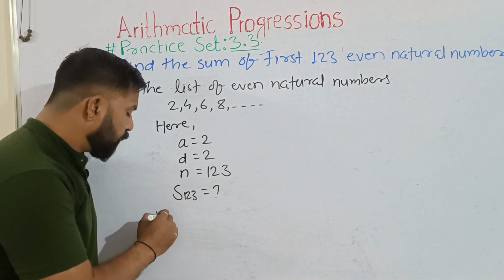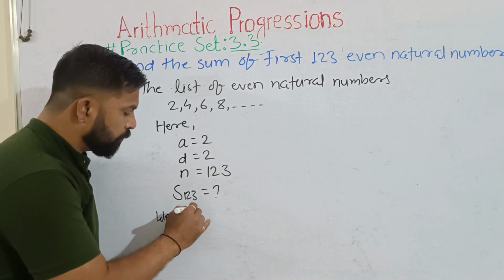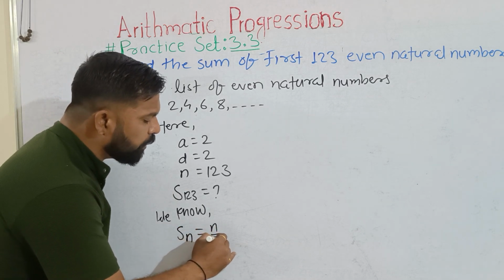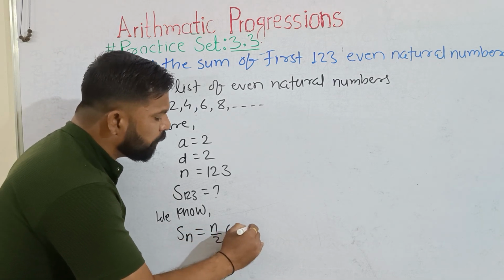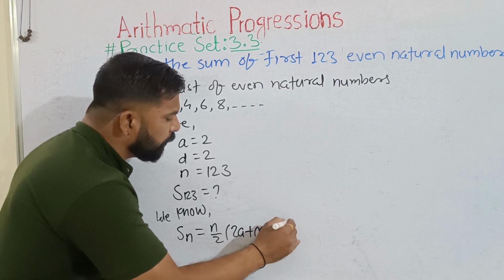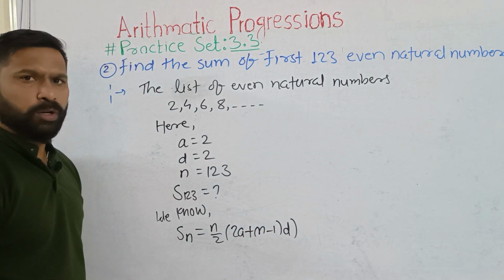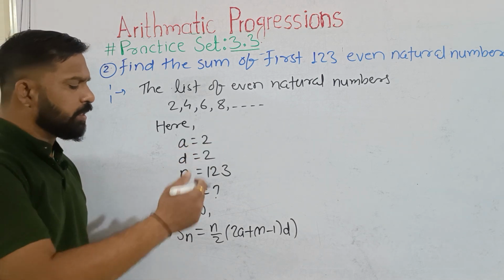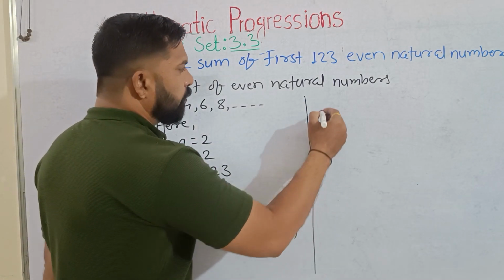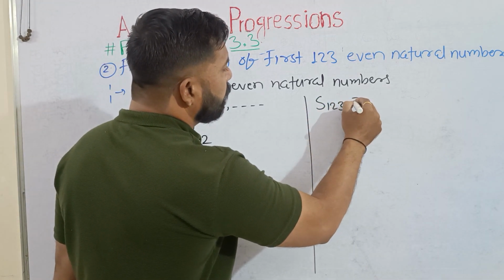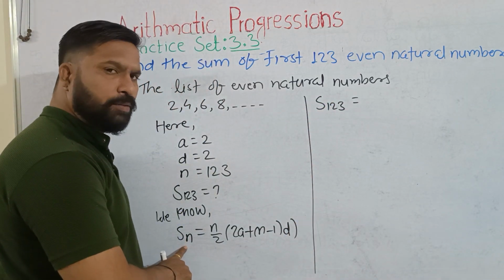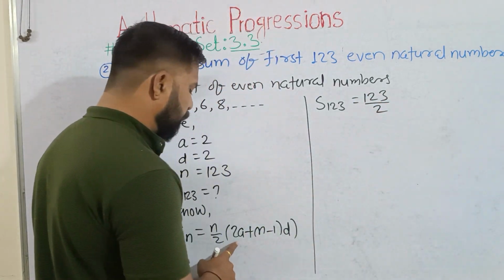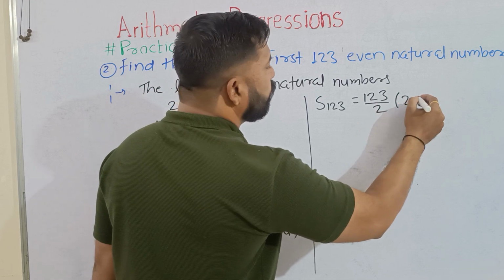So here we know Sn is equal to n by 2 into 2a plus n minus 1 into d. This is the formula. Then we just have to substitute the values. S123 is equal to n, which is 123, by 2 into 2 into a.